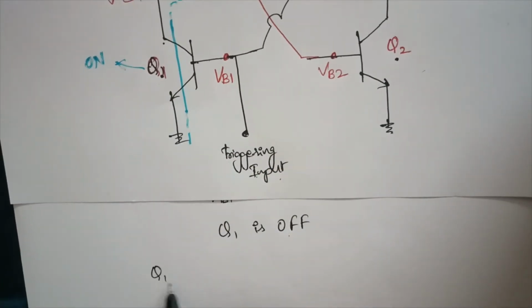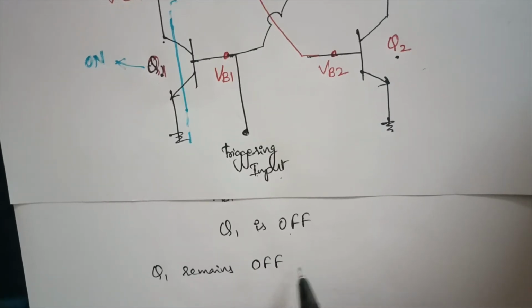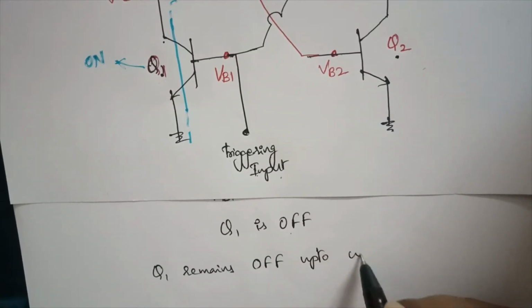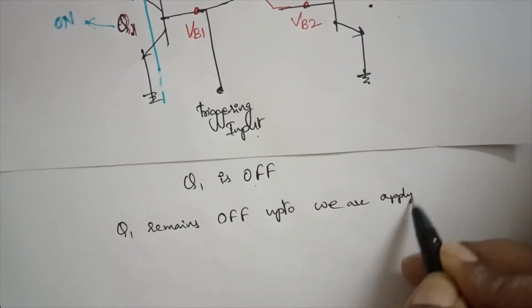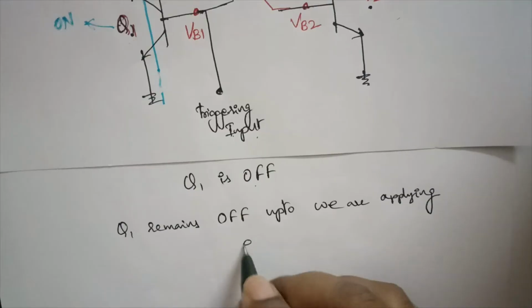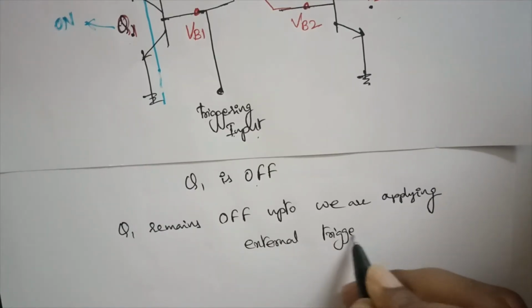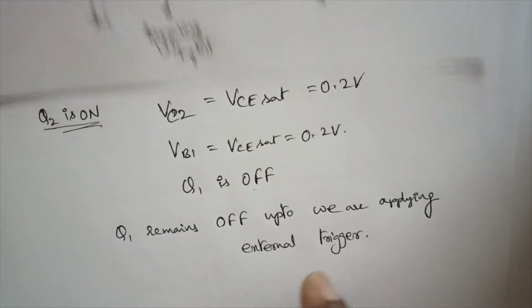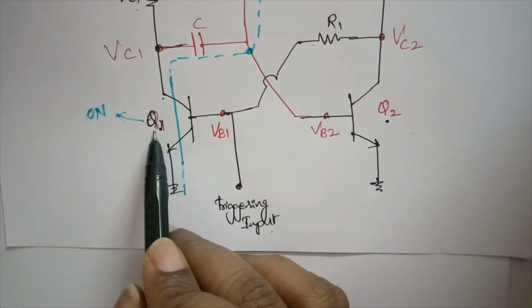Q1 remains off until we apply an external trigger. Whenever we are applying a trigger, then Q1 becomes on.